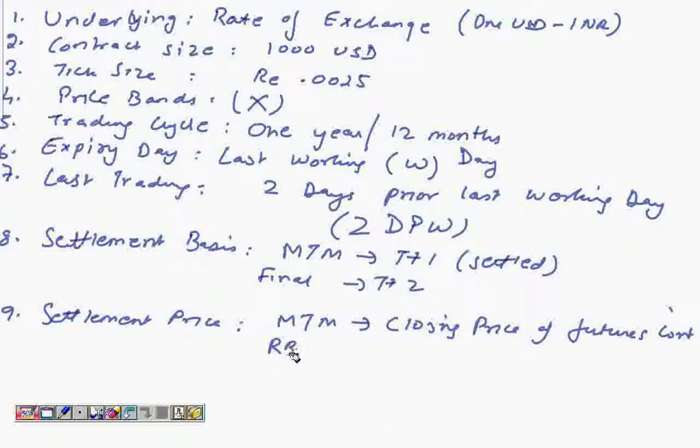It is the RBI reference rate. So the RBI reference rate is the final settlement price, and the settlement basis for the final is always T+2, which we've mentioned earlier on point number 8.